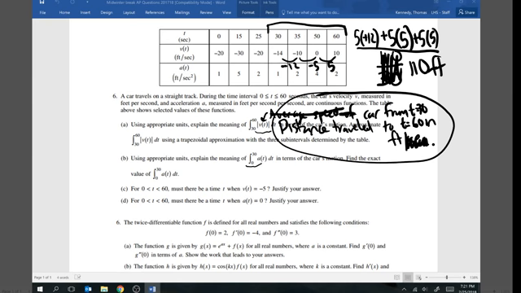So now we need to say, what is the integral of the acceleration? Acceleration is the change in velocity. So if we integrate acceleration, we get velocity.